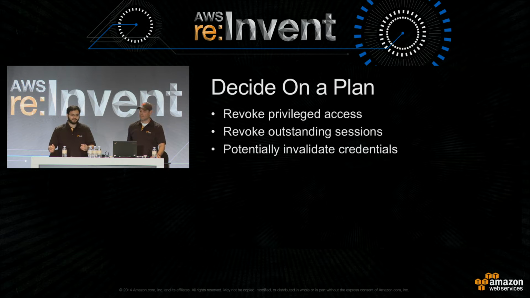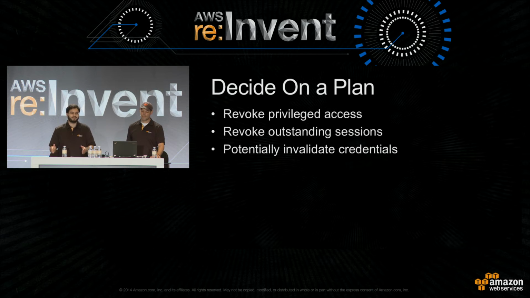So now that we have some understanding of the level of access that was on this credential, we move on to coming up with a plan. And in some order, you will want to revoke any privileged access. This is where your application might ordinarily have some advanced functionality or some administrative features that you might be able to safely turn off while you're responding to the rest of the incident.